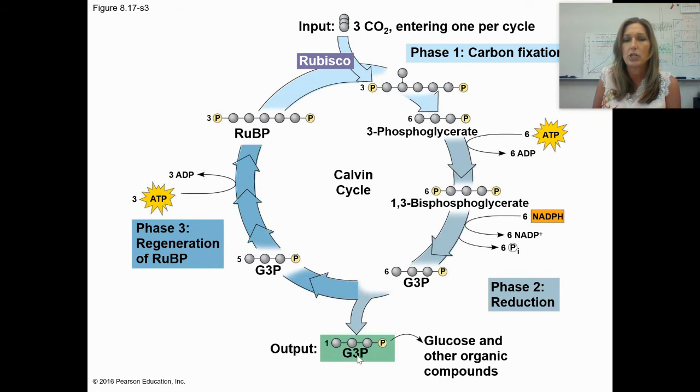You just need to know it as G3P, this 3-carbon organic molecule. It's the precursor to all organic molecules, all of the macromolecules that we addressed. So if I am making a 3-carbon molecule, I had to have 3 carbons go in in the form of carbon dioxide.